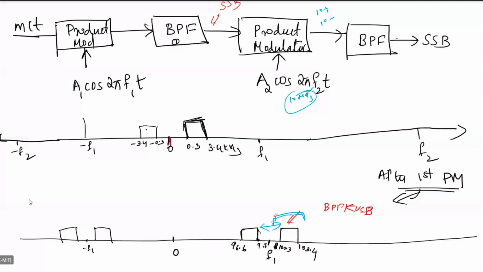If the two sidebands were together, the spectrum would be continuous around zero. If I had a signal like this, then after shifting it the spectrum will again be continuous like this. And what will be the additional constraint on my band pass filter? It should have a very sharp cutoff. This guard band concept is not possible at all. Are you getting it?